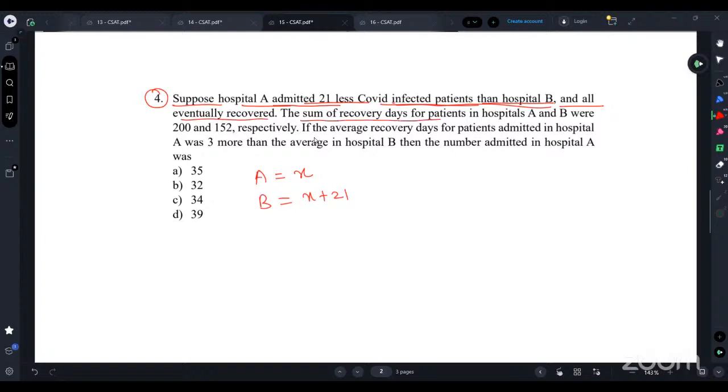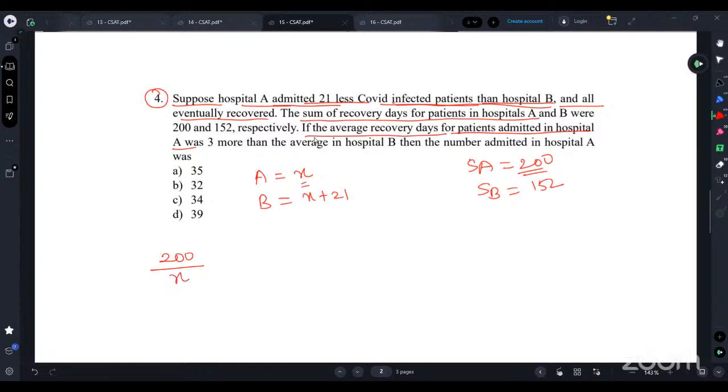The sum of recovery days for the patients in hospital A is 200, and the sum in the case of hospital B is 152. Now, the average of recovery days for patients admitted in hospital A, with the summation of recovery days being 200 and the number of patients x, is 200 by x.